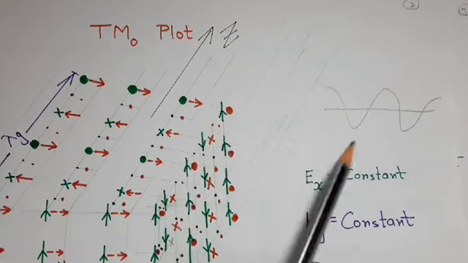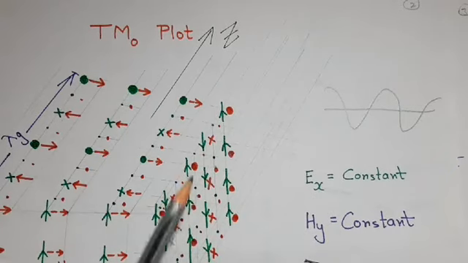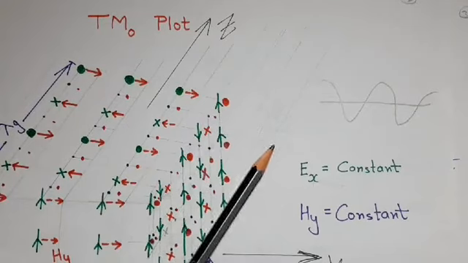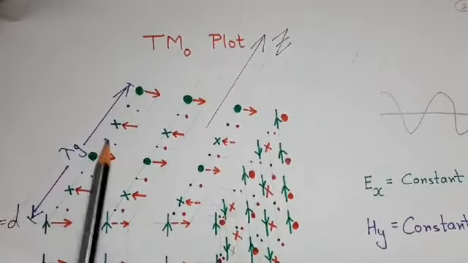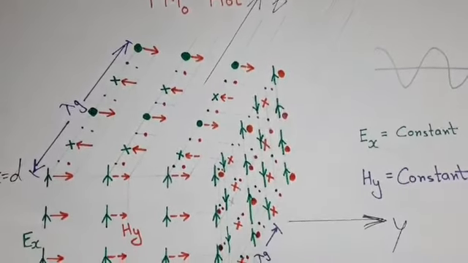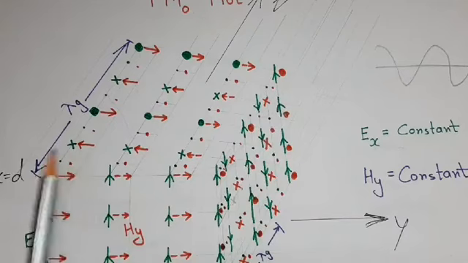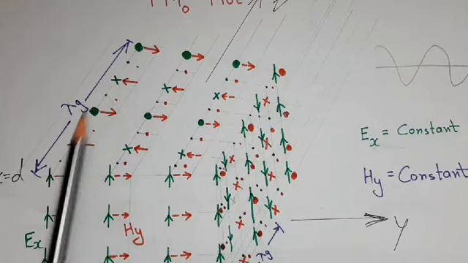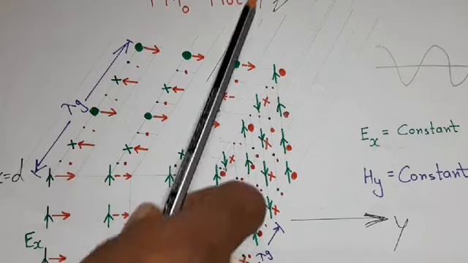Because there is no field variation in the x direction, the same pattern of magnetic field will repeat itself in the x direction. Now if we see the TM0 plot in top view, then the electric field would be visible in terms of dot and cross, and the magnetic field, which has y direction, would be visible in terms of arrows. And in the z direction, there is sinusoidal variation.